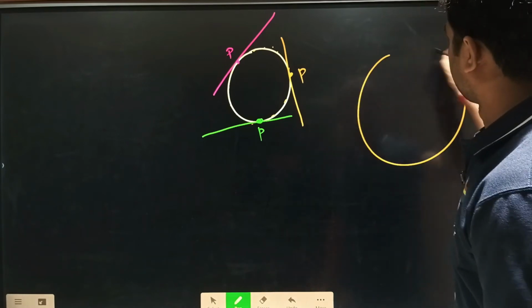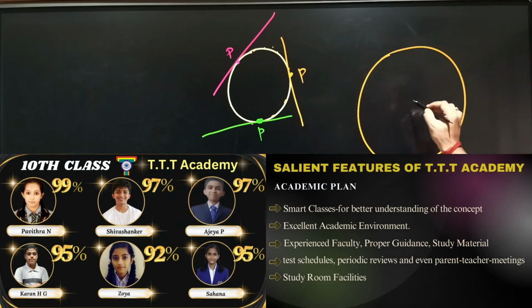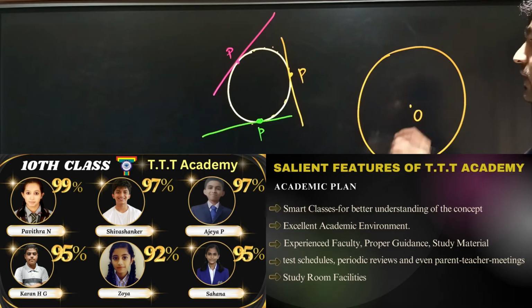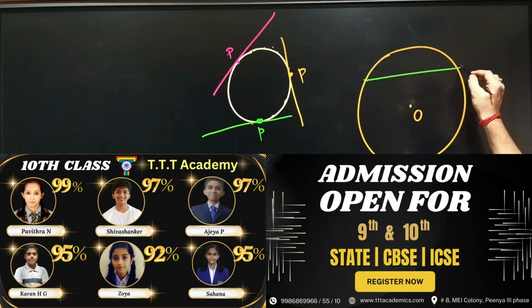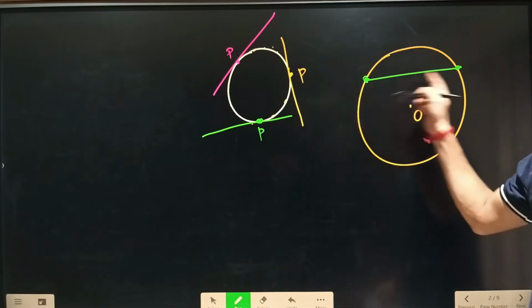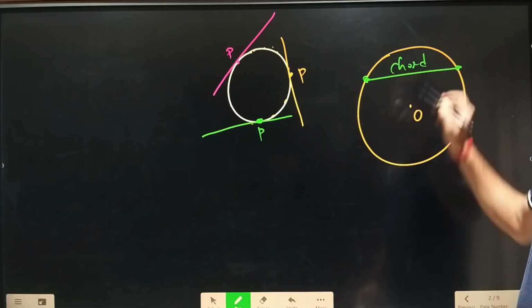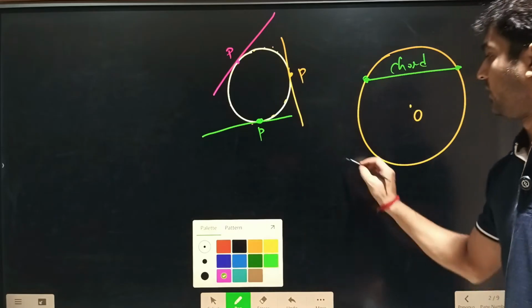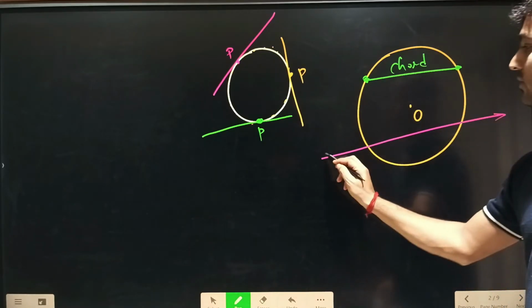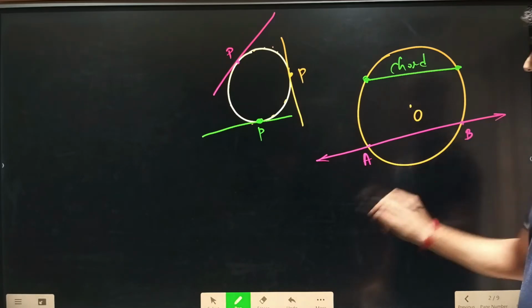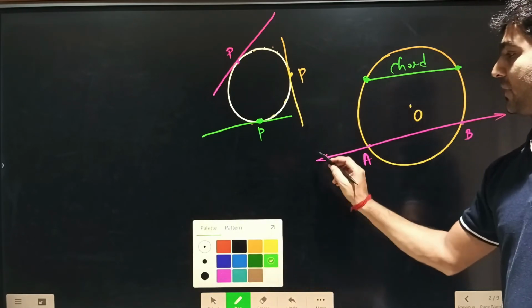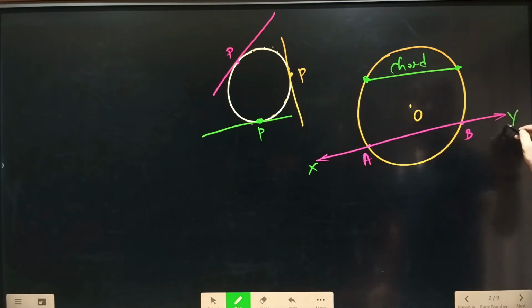Suppose you consider there is a circle, here is the center point O. Look, the green color I am drawing now, what will this be? This will be a chord. But he used the word line, and this is a chord. Suppose dear friends, here there is a line and this point, let's take A and this is B, and the line let me call XY, where XY is a line.